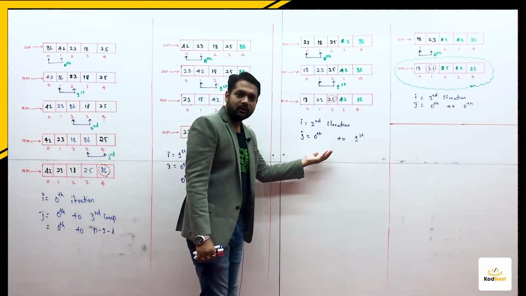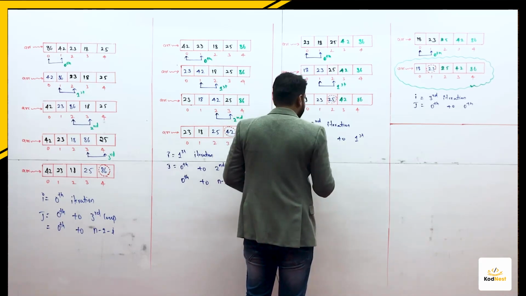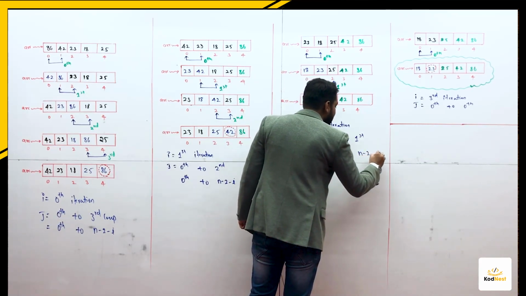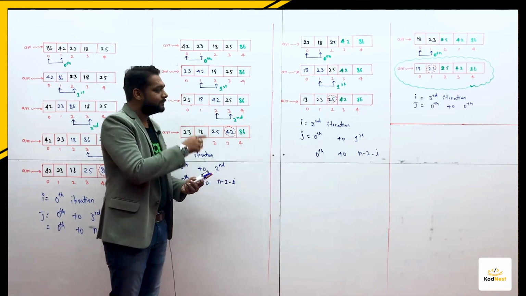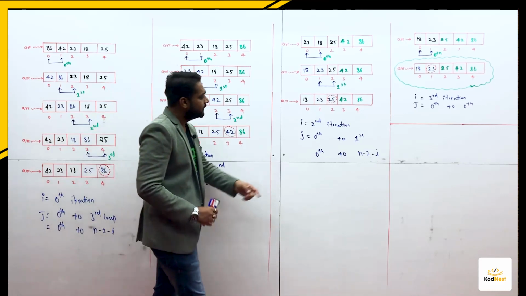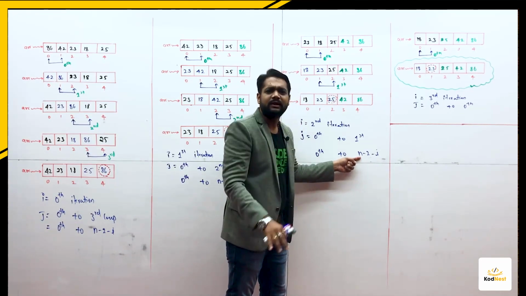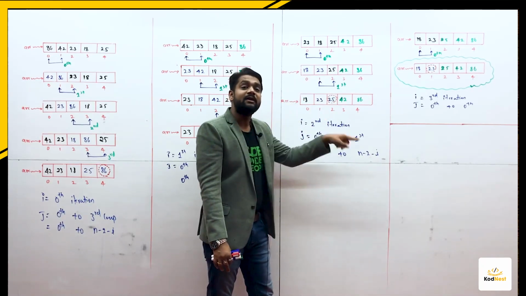Like that, in the second iteration also, I am doing from the 0th comparison to n minus 2 minus i comparisons. The n value is 5 only. 5 minus 2 is 3. 3 minus, what is the i value? 2. 3 minus 2 is 1.